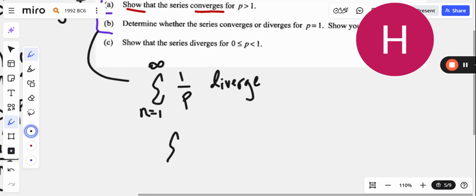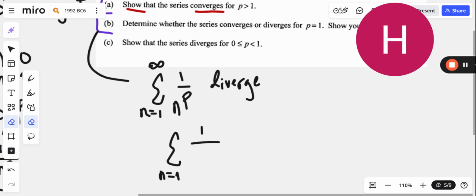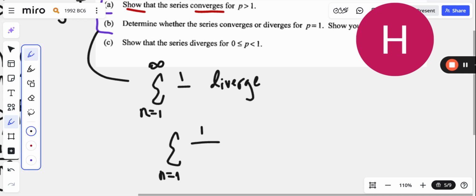And we know that this sum, 1 over n to the, wow, why did I do that? I meant 1 over n to the 1, p is 1. 1 over n times ln of n, we know that this is definitely smaller.